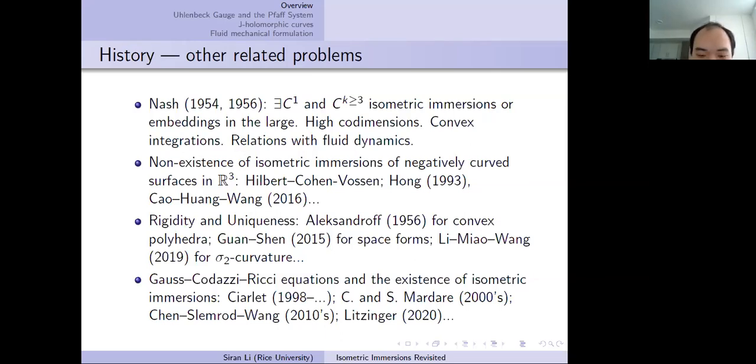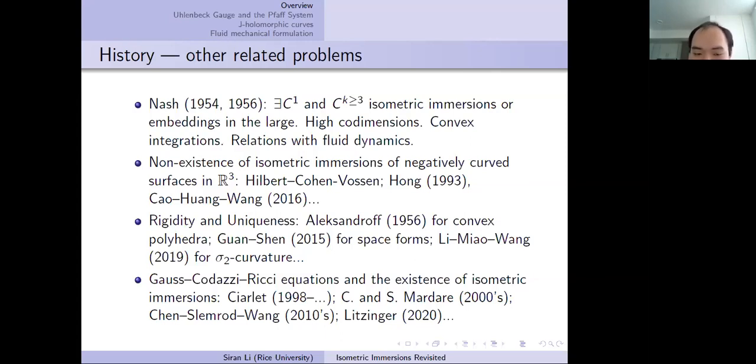So the mathematical elasticity group, for example, Philippe Ciarlet, Christine Mardare and Sorin Mardare, proved under various low regularity conditions for the second fundamental form that the Gauss-Codazzi-Ricci equations are also sufficient conditions for the existence of isometric immersions.